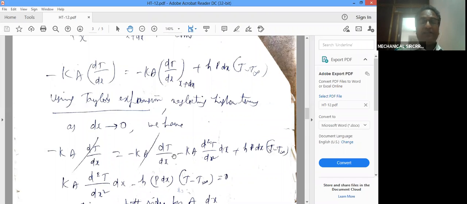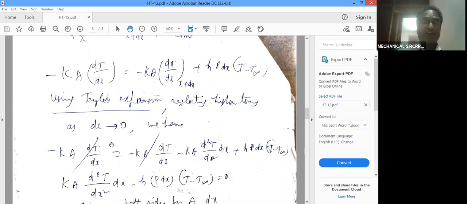After simplification, the second term is minus Ka d square T by dx square into dx, plus this one, Hp dx into T minus T free stream. Okay, clear? Qx is equal to Qx plus dx.